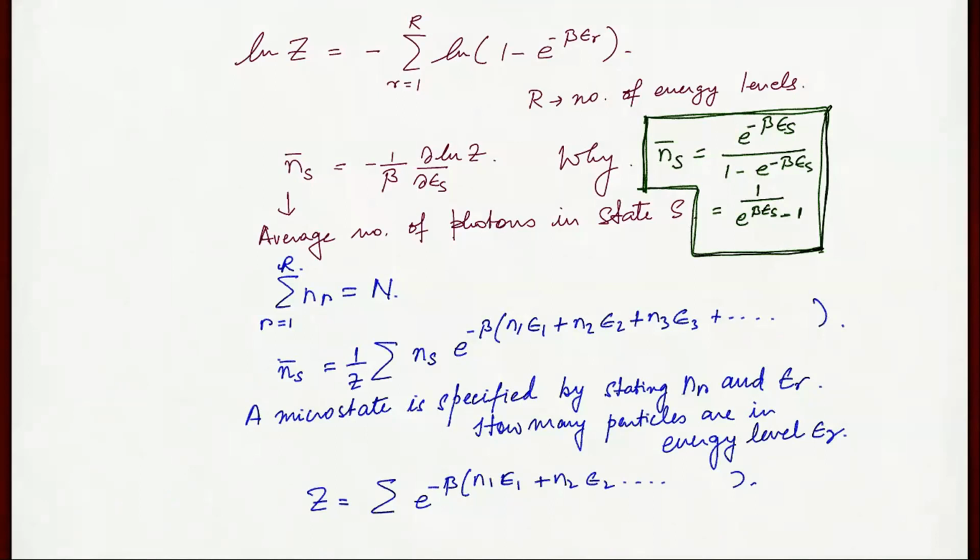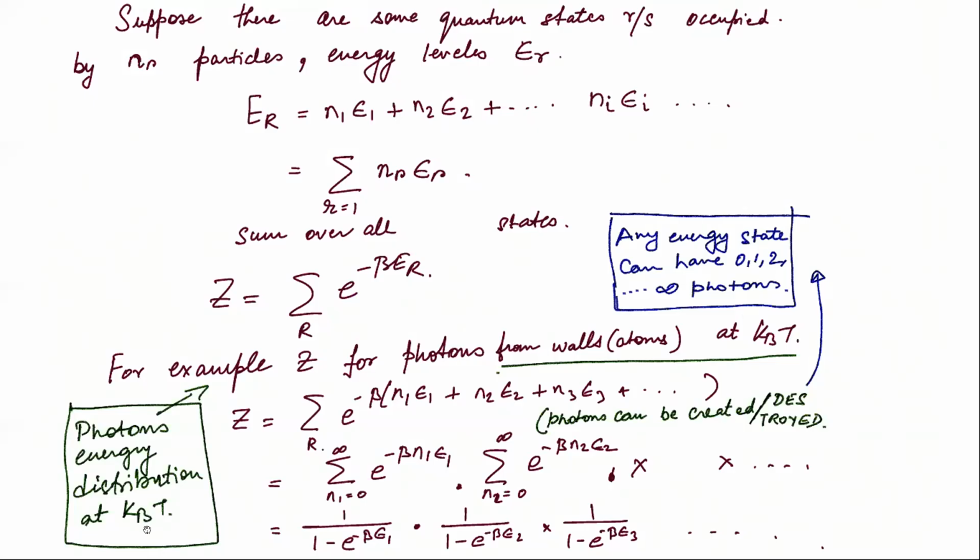But of course, what you are calculating is that there are these different microstates, and suppose there are n1 particles in a particular microstate, these numbers can be different, and those will correspond to different microstates, right?